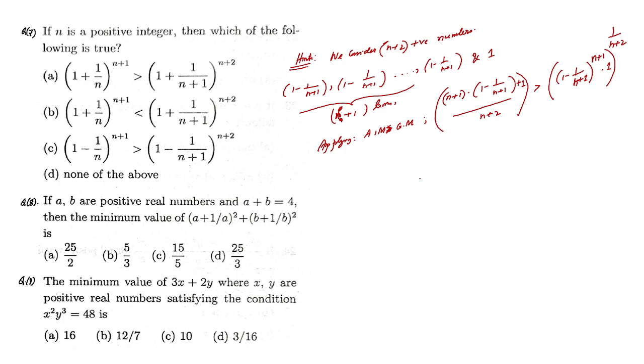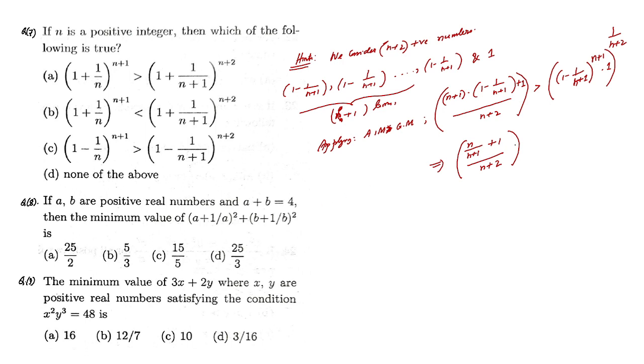And you will get the result here. So n plus 1 is discarded. That will be n by n plus 1, plus 1, by n plus 2.